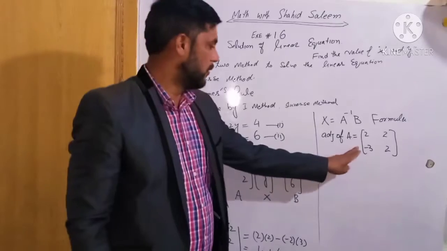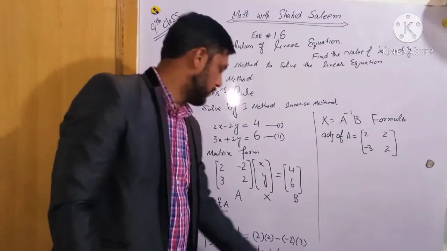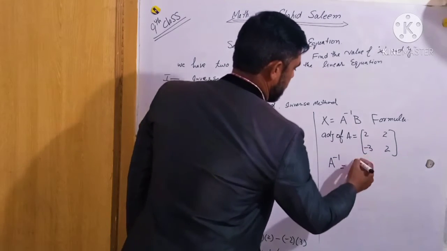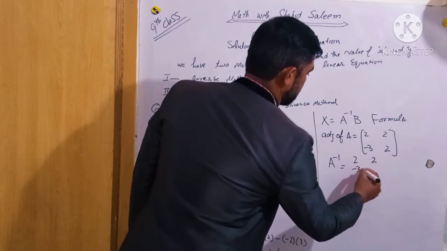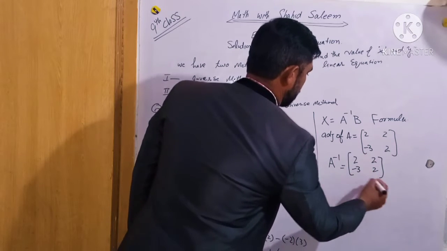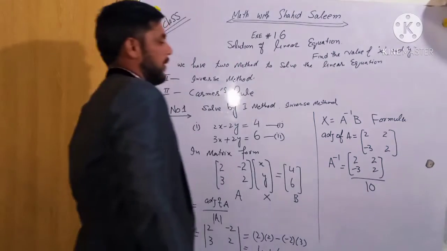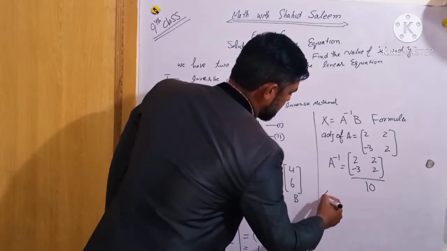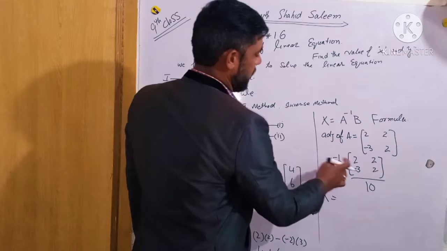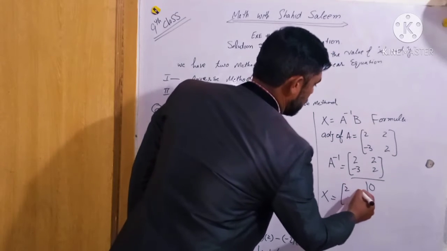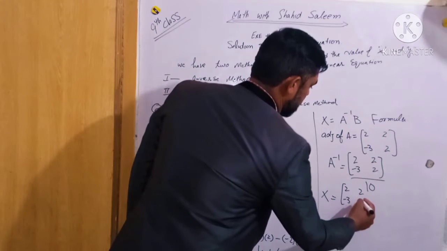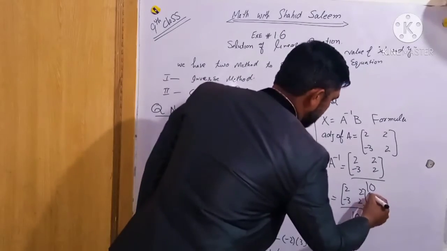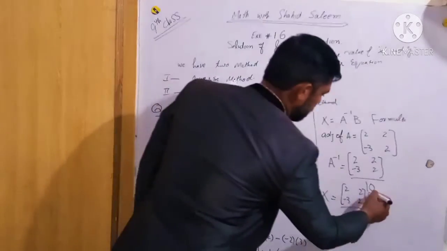Putting this value of adjoint of A and magnitude of A in this formula, A inverse equals the adjoint of A over the magnitude, which is the matrix 2, 2, minus 3, 2 over 10. And now we find the value of X equals A inverse times B. A inverse is this matrix over 10, and matrix B is 4 and 6.